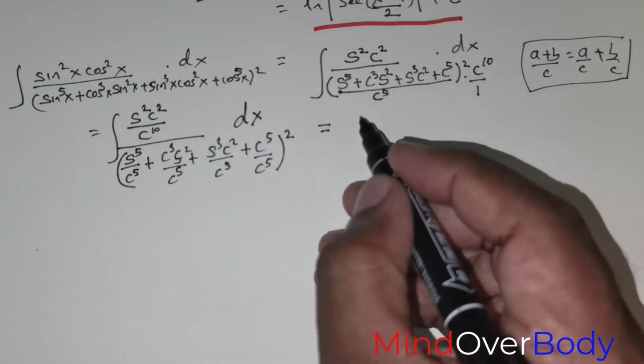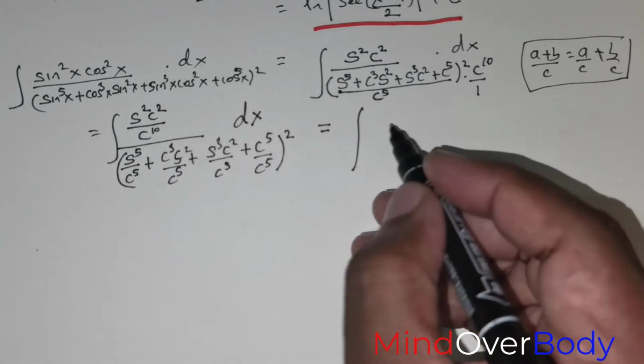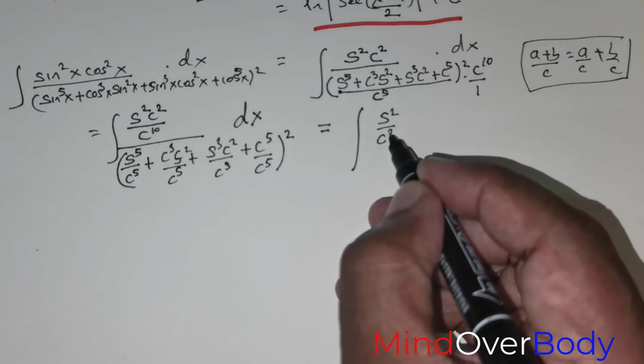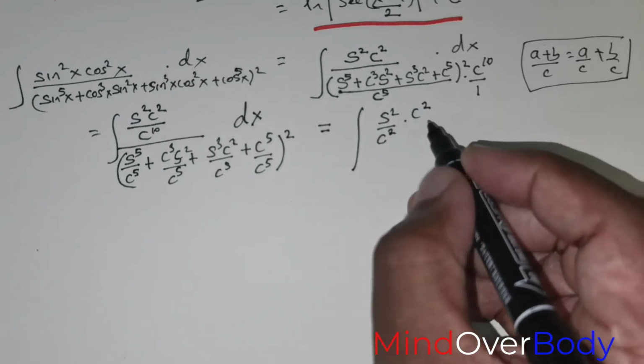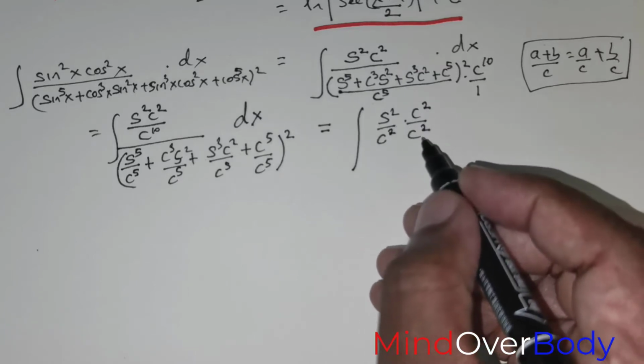So this is equal to, now I'm going to split the c to the power of 10 as s squared over c squared, that's one term, and then c squared over c squared, that's another term.